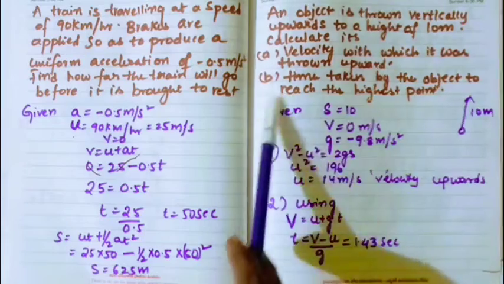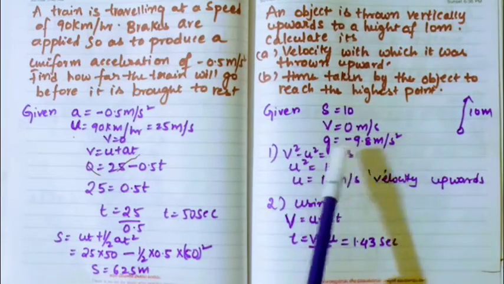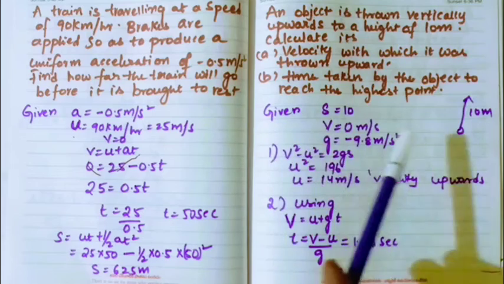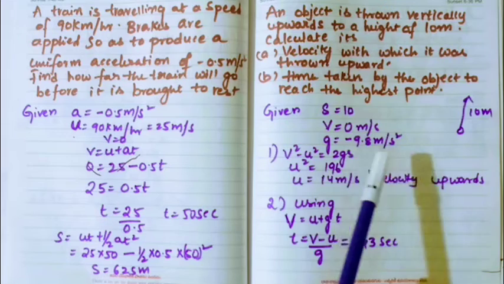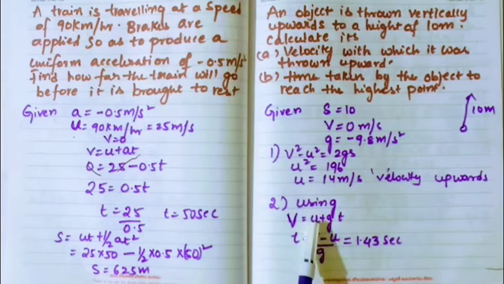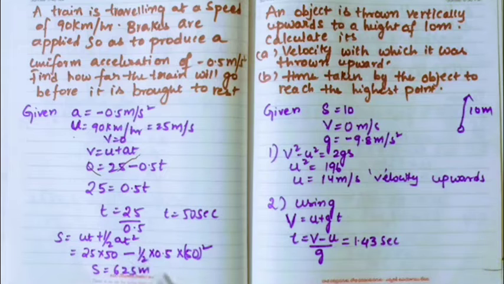Here an object is thrown vertically upwards to a height of 10 meters. Calculate the velocity with which it was thrown upward, and the time taken by the object to reach the highest point. For example, a ball or anything is thrown against gravity.